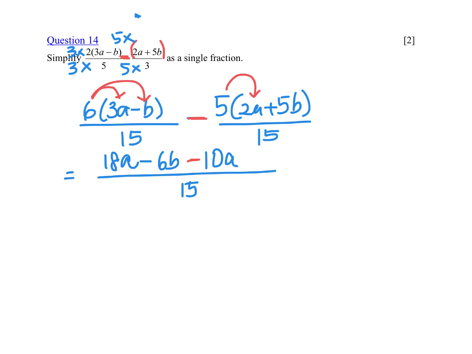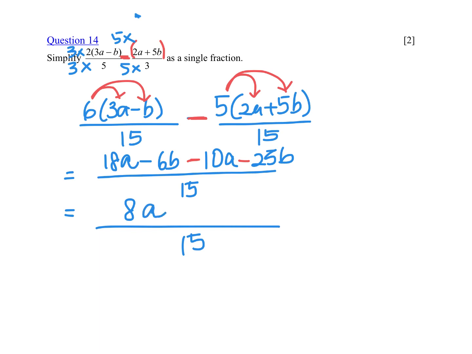Negative 5 times 5b, that will give me negative 25b. And I simplify it to 18a minus 10a, that gives me 8a. Negative 6b minus another 25b, negative 31b. Have you gotten the answer?